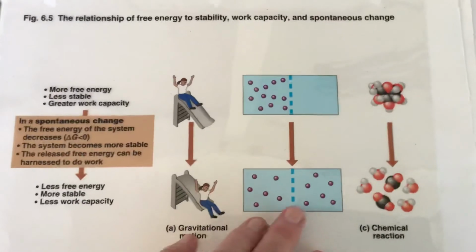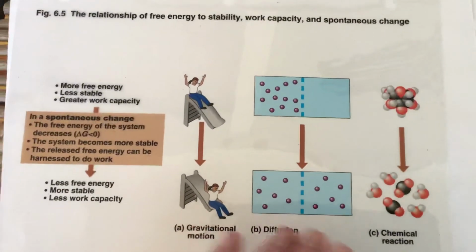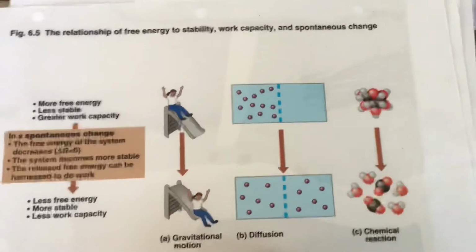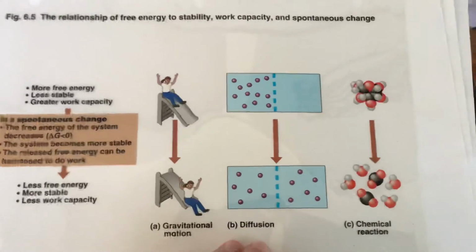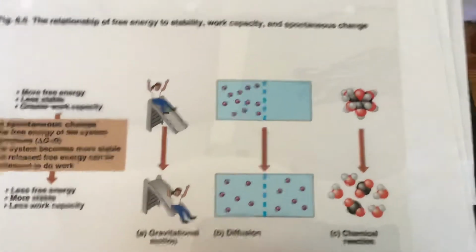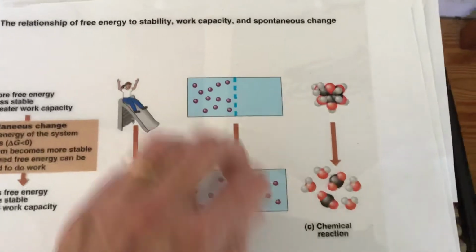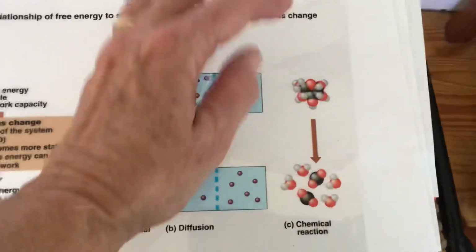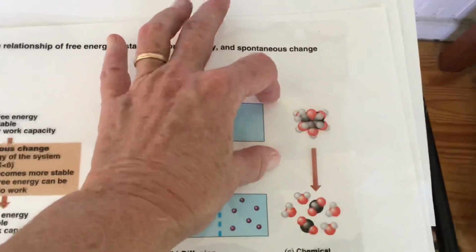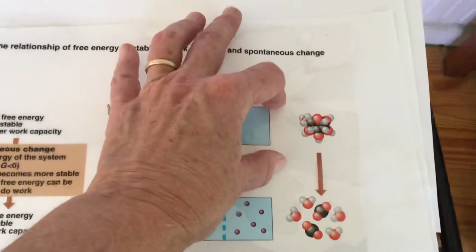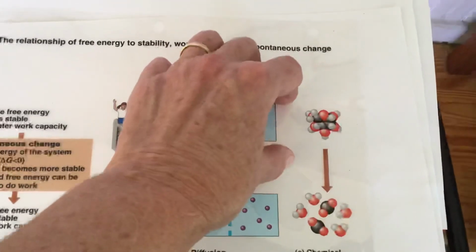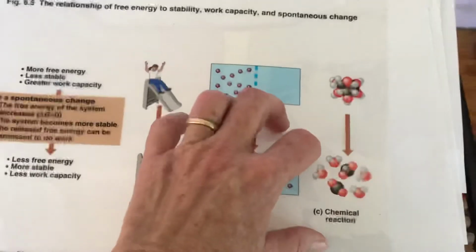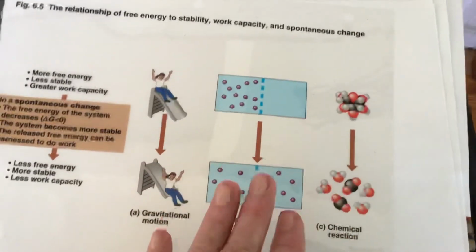That's the laws of thermodynamics, but it's also related to what we call diffusion, and we're going to talk about that in a little while. And it's also related to chemical reactions, in that they tend to go from highly ordered systems or polymer systems to the monomer system. Things tend to run downhill.